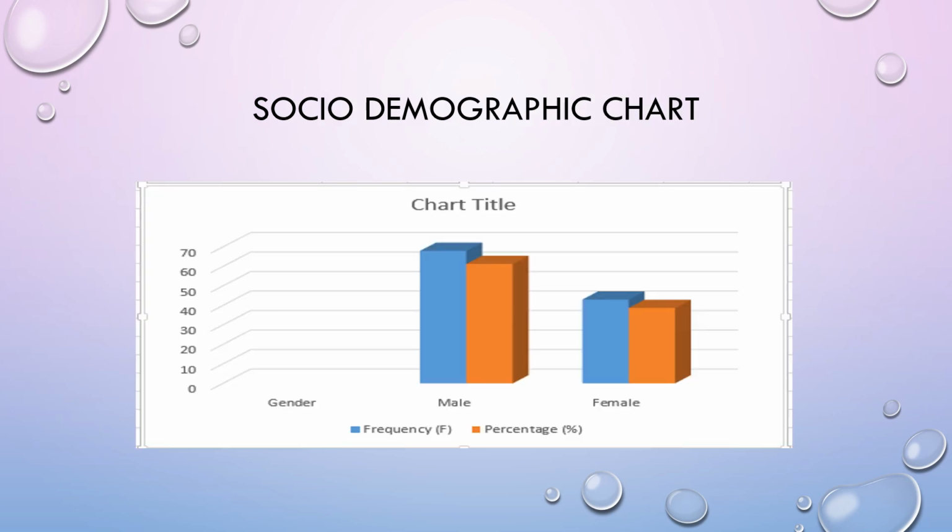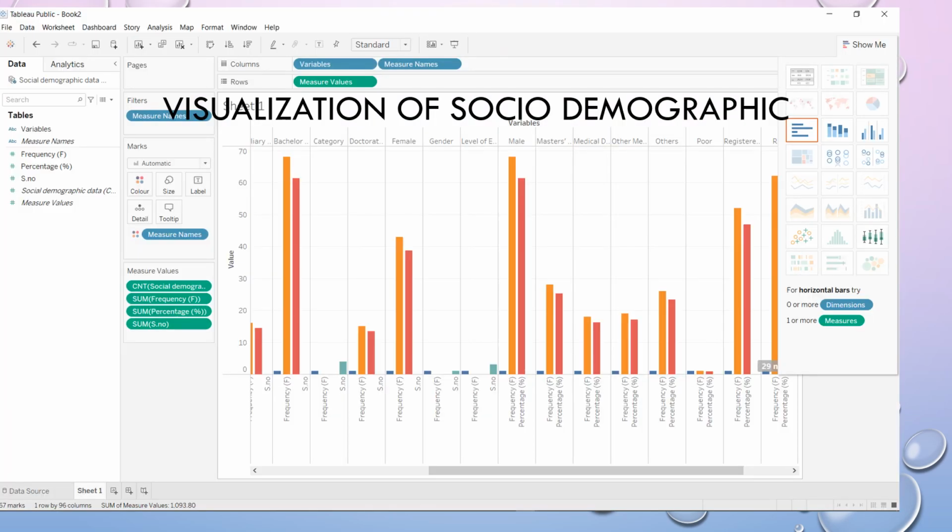According to the chart, it simply shows that we had many more male participants in comparison to the female gender. This is the broad visualization of social demographic data for this project. For this, I used Tableau to visualize this.